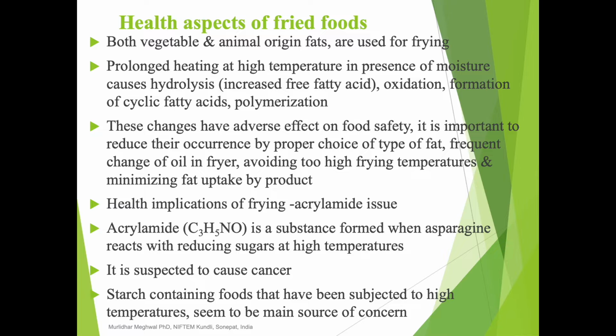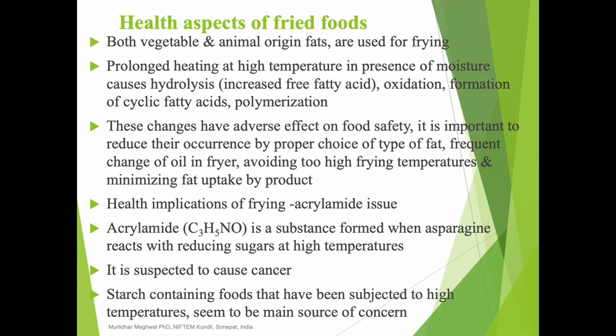It is important to reduce the occurrence of these: oxidation, cyclic acid formation, and polymerization. That can be reduced by the proper choice of fat, frequent changing of oil in the fryer, avoiding too high frying temperatures, and minimizing fat uptake by the product.